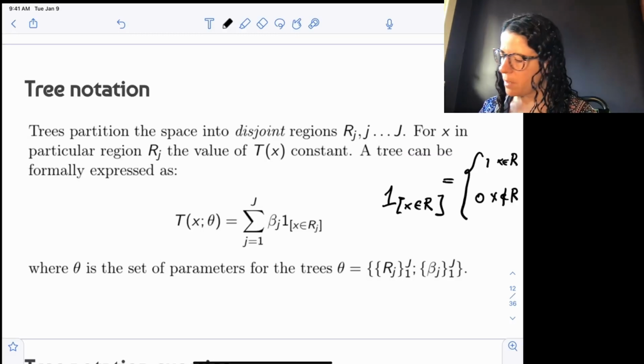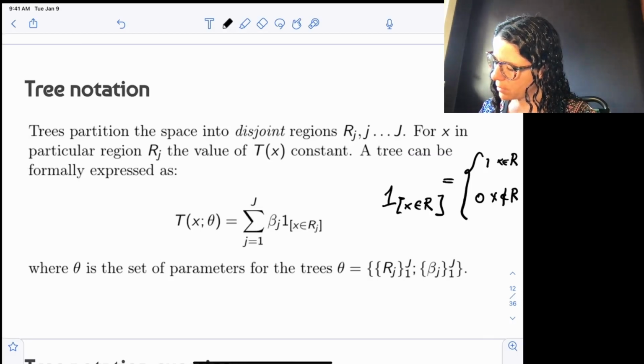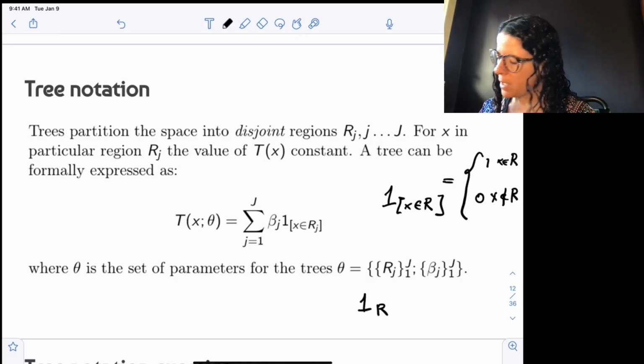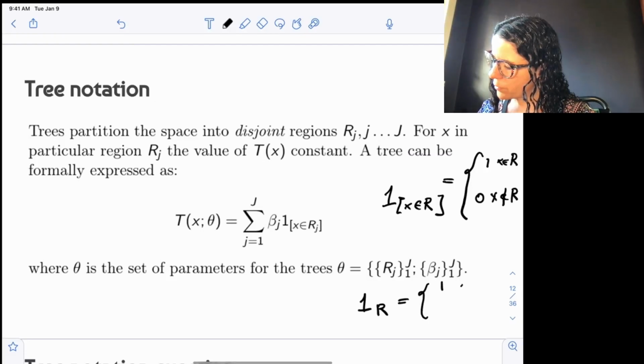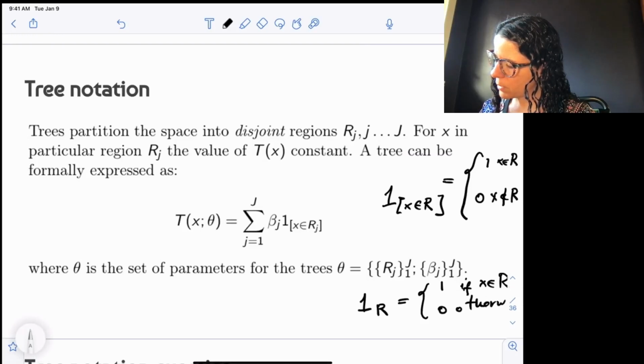Sometimes I also write it like 1_R, and this is the same. So this is 1 if x is in the region and 0 otherwise.